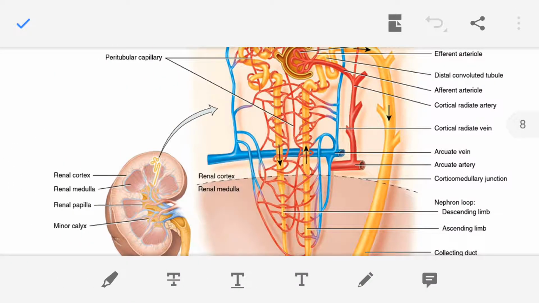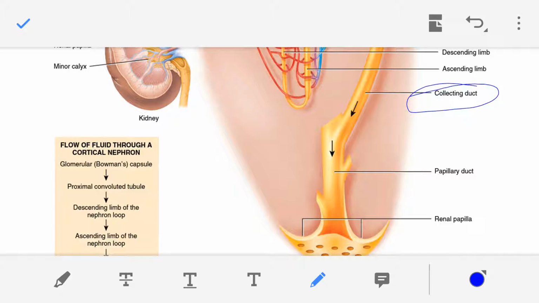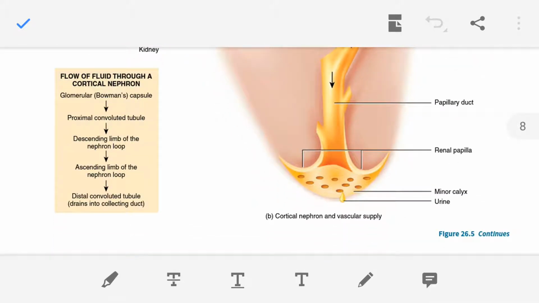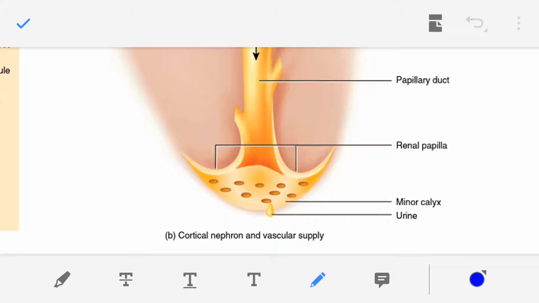So all these DCTs are opening into the single collecting duct. The collecting ducts, here they are showing one, and here is another one, merge together and open into the papillary duct, and from the papillary duct the urine enters into the minor calyx.